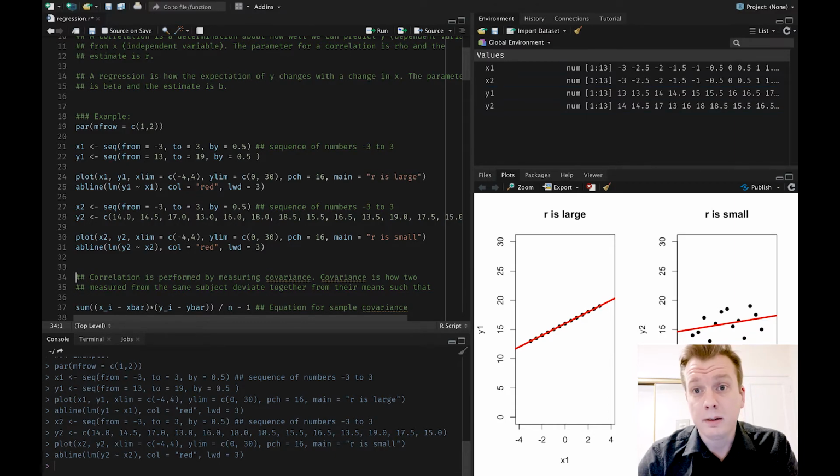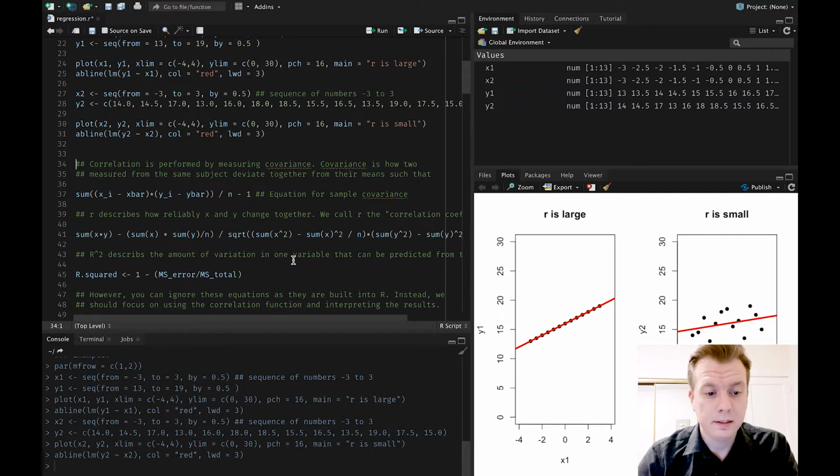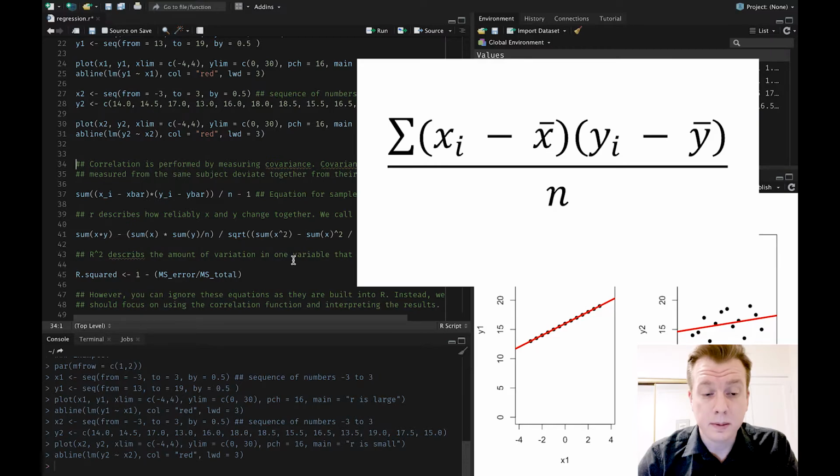And so how does each observation of x and y deviate with each other? The equation for sample covariance is the sum of xi minus x bar times yi minus y bar, all divided by n minus 1.